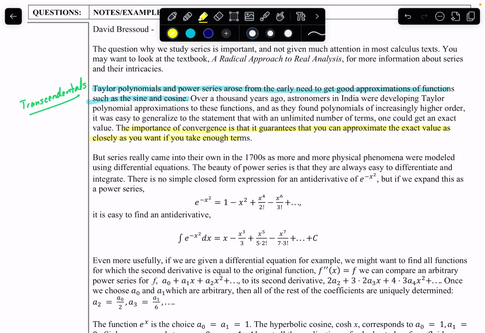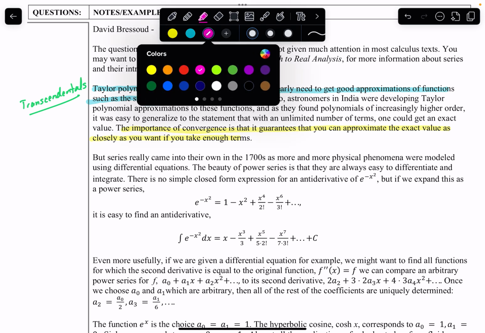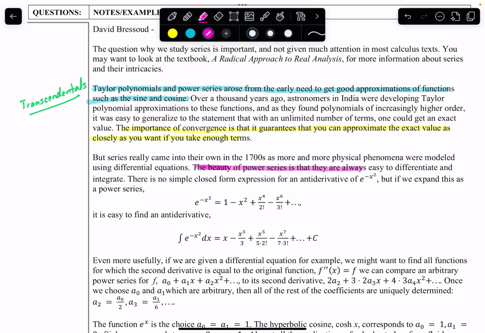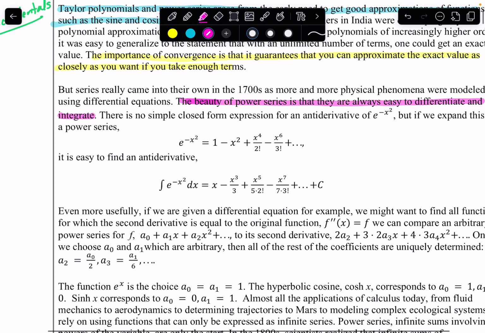So now, there were a lot of things being discovered whenever they developed Taylor series, but the beauty of a power series is that it is always going to be easy to differentiate. Let me highlight that actually. It's always going to be easy to differentiate and integrate. So let me give you an example of that. There is no such closed expression for the antiderivative of e to the negative x squared.